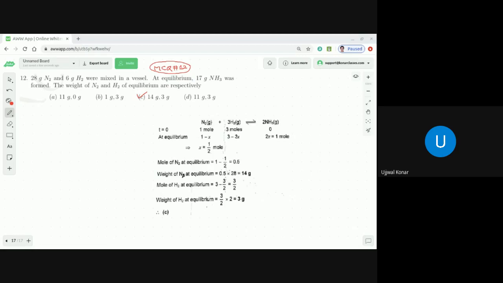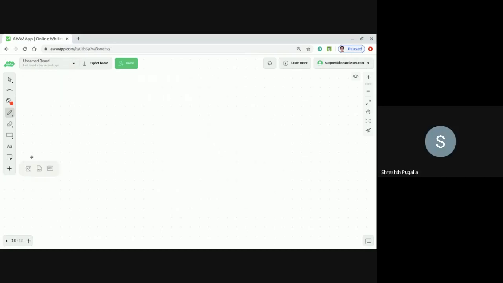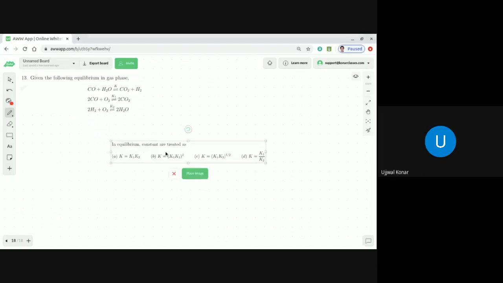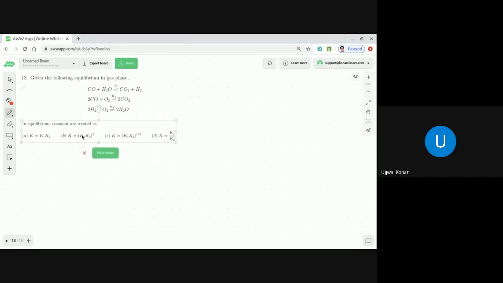I made a small mistake in question number 13. Did you find what is the mistake? Yes, sir. K1 by K2 whole power 1 by root 2. Correct, exactly. That was my typing mistake. Option D should be that. Are you sure it is option D? Otherwise it's C because the division sign is there.